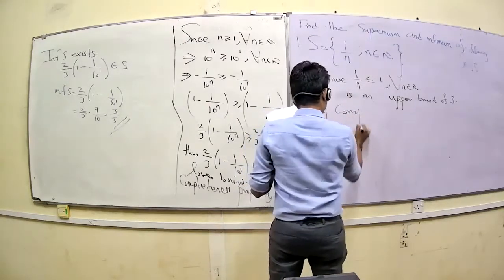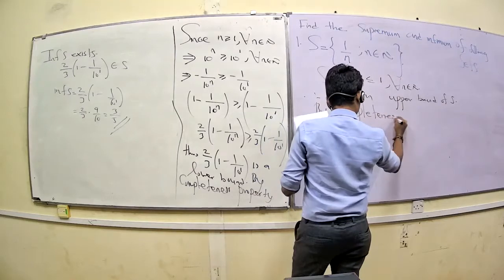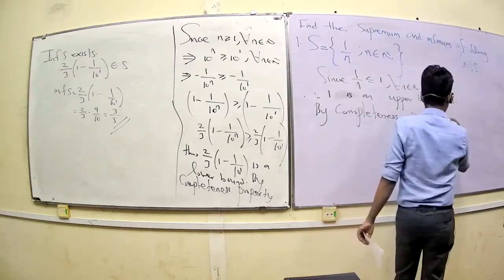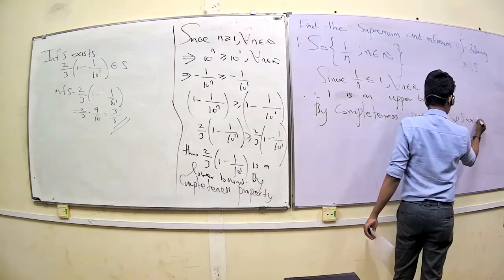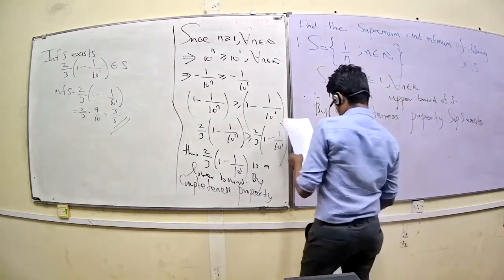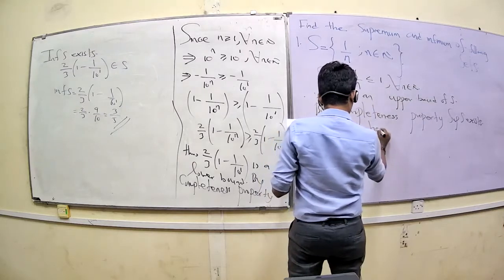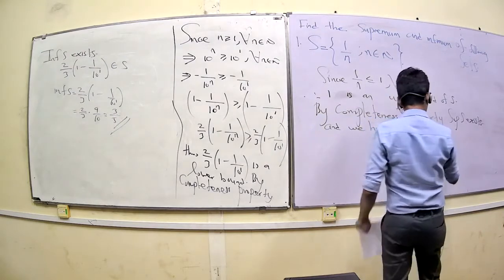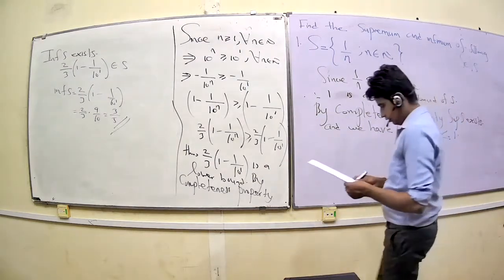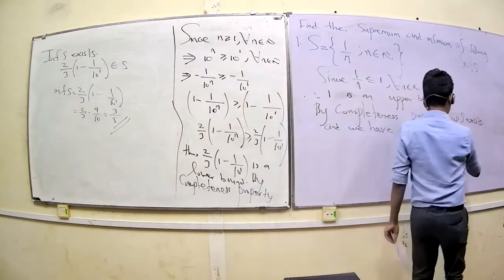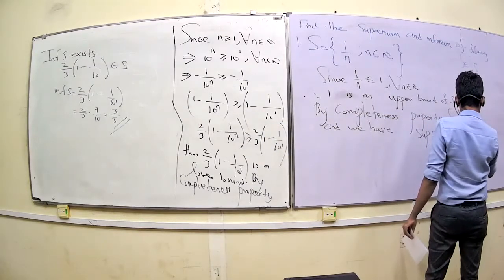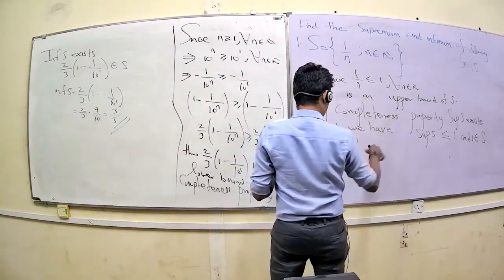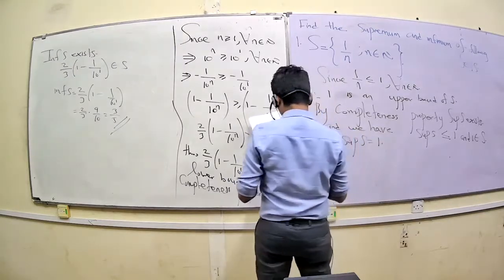By the completeness property, the supremum of S exists, and we have supremum of S less than or equal to 1, and 1 belongs to S. Therefore, for each upper bound, the supremum should be 1.